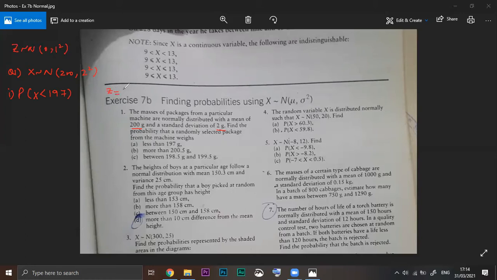We will use the formula z is equal to x minus mu over standard deviation. So z is equal to 197 minus 200 over 2.